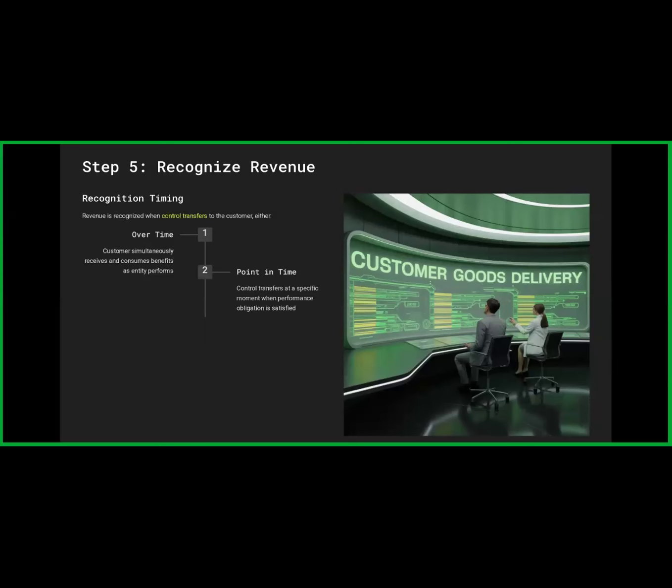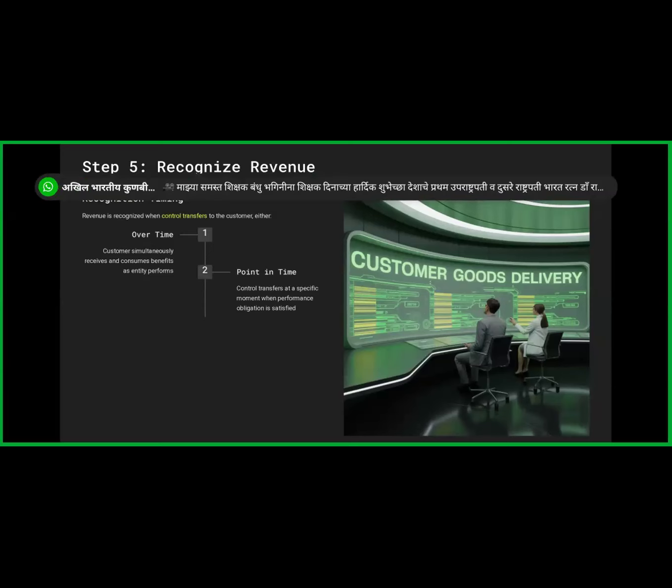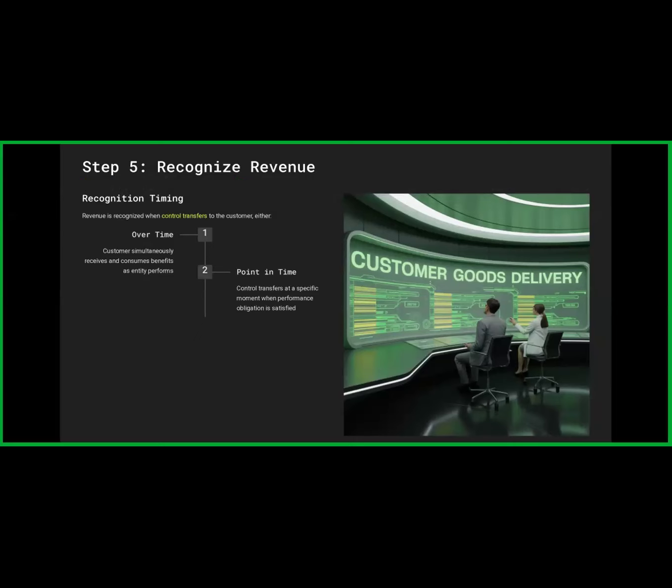That is, the customer simultaneously receives and consumes the benefits as the entity performs. The second is point in time, where control transfers at a specific moment when the performance obligation is satisfied. At the same point of time the delivery and the payment may be settled, or it may be that the delivery of the goods and services and the payment are settled at different times.